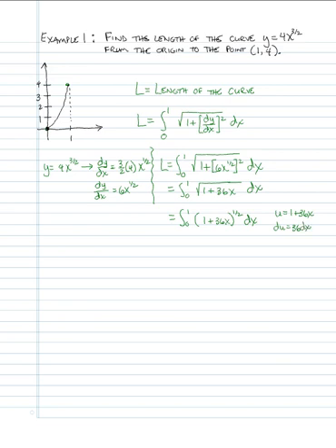As we work on this, we've got an integral from 0 to 1. Remember, these are x values, from an x value of 0 to an x value of 1. The reason I'm making a point of that is because now we have a u to the 1/2, and we have a dx.